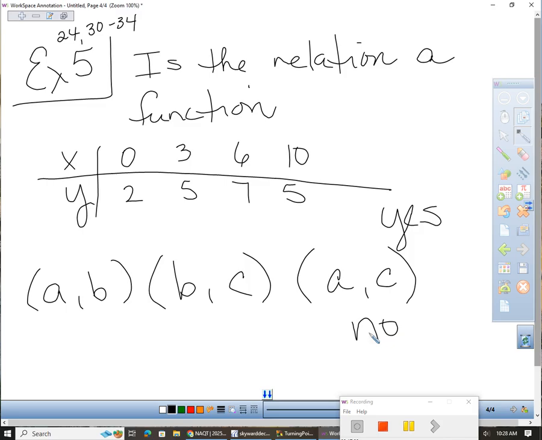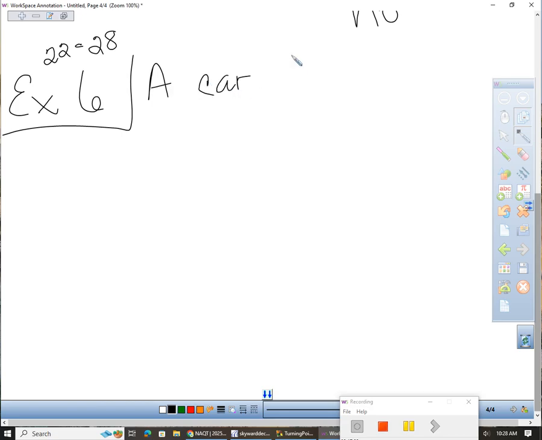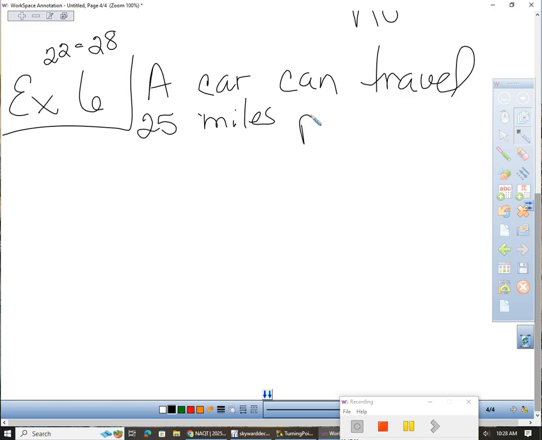All right. Last thing I need to talk about. Example number 6 is going to cover 22 and 28. Let's go with a car that can travel 25 miles per gallon.